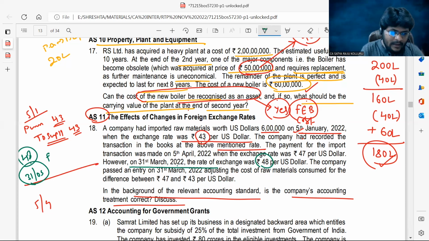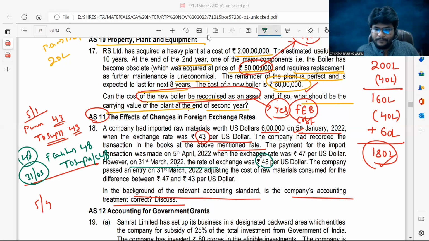Now you can treat it as a foreign exchange loss to supplier account, at the rate of 48. Just a moment, guys. I'm so sorry. How much is the foreign exchange loss? 43 to 48 means 5 rupees is the foreign exchange loss. Am I right, guys? Fine.